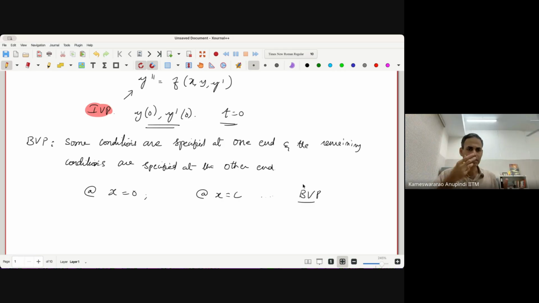Again, these kinds of ODEs are very much possible in science and engineering. So what does it mean?